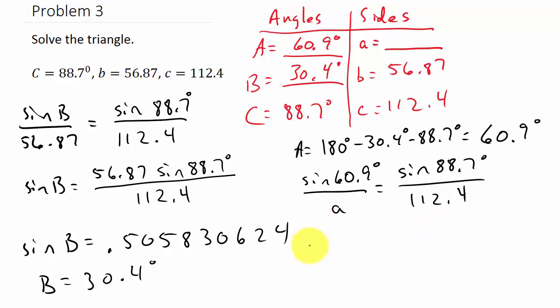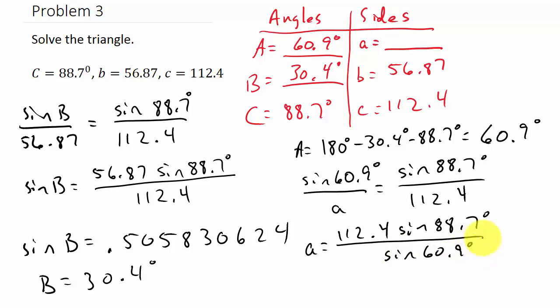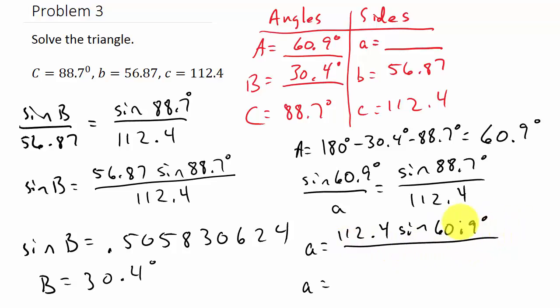So I solve for side A. I get A, that'll come over, that's 112.4 times the sine of 60.9 degrees over the sine of 88.7 degrees.